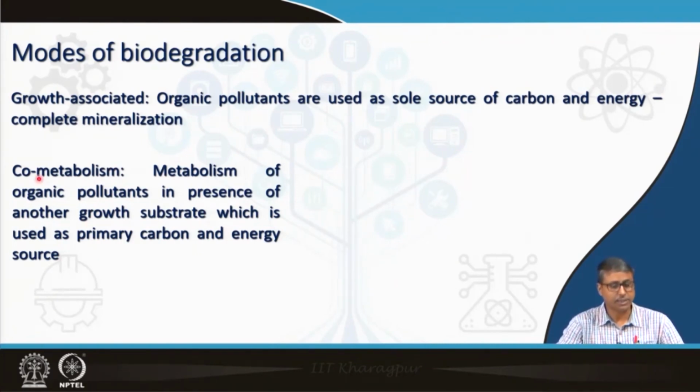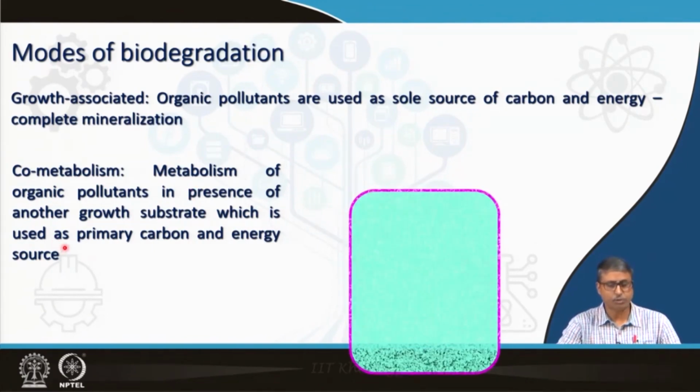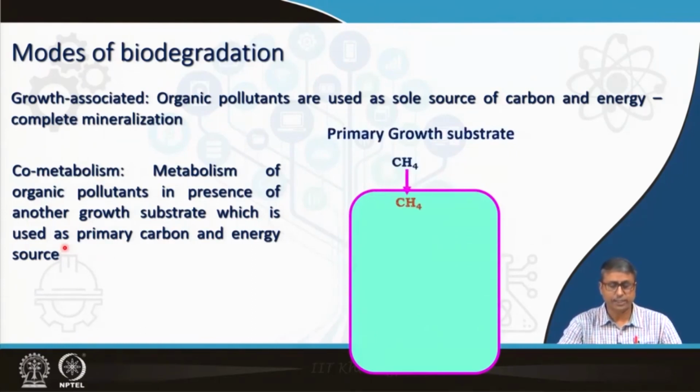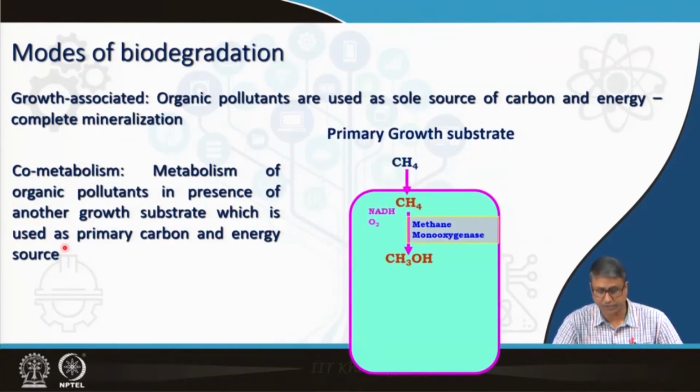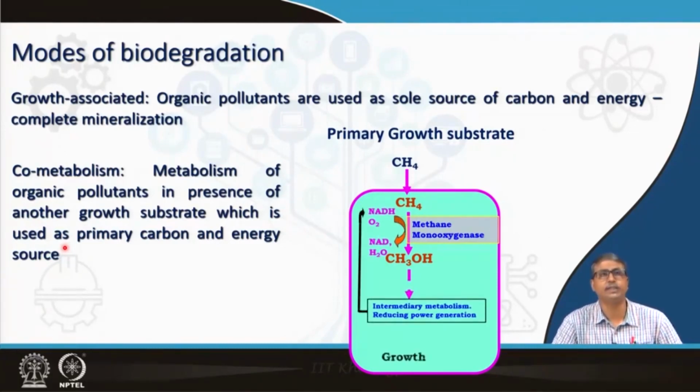However, there is another type of biodegradation mechanism called co-metabolism. That is the metabolism of the organic pollutants in presence of another growth substrate, which is used as a primary carbon and energy source. That means the pollutant molecule is not actually the target of the biodegradation, but because of the lack of specificity of the enzyme, the hydrocarbon molecule is eventually degraded.